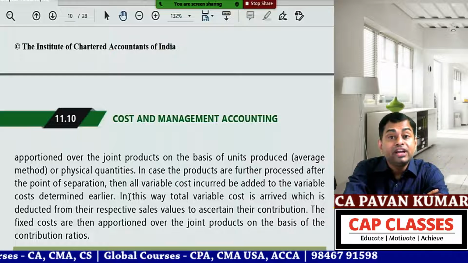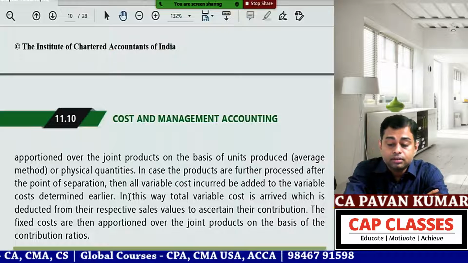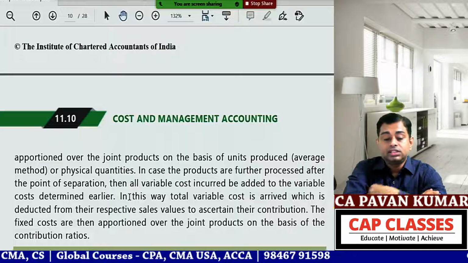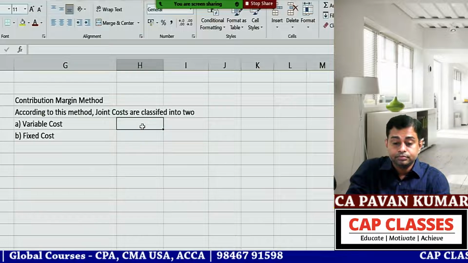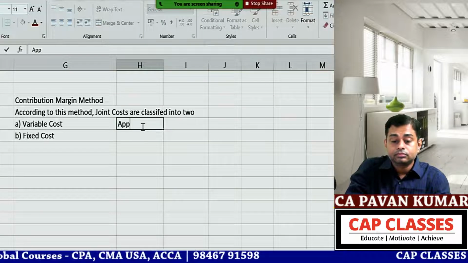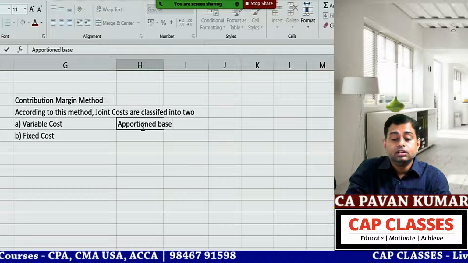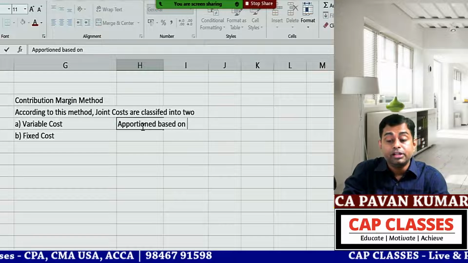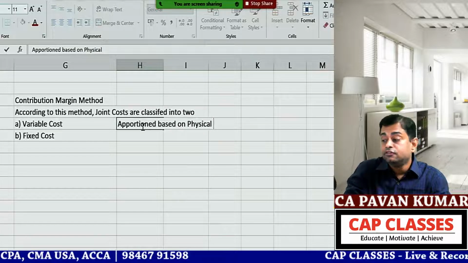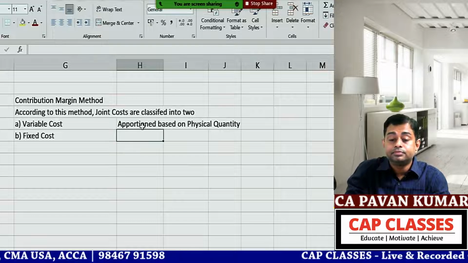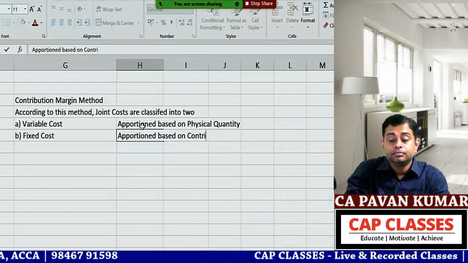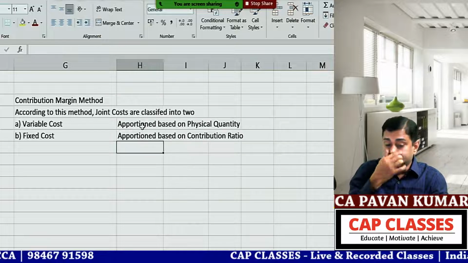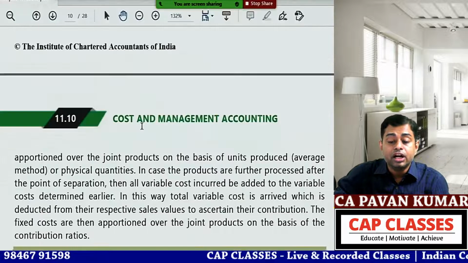Next point. Fixed costs are apportioned based on contribution ratio. Variable costs are apportioned based on physical quantity; fixed costs are based on contribution ratio.